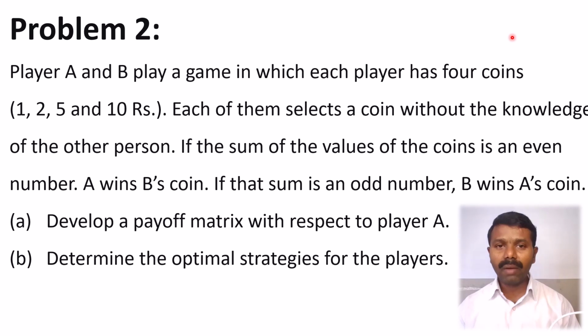So we need to develop the payoff matrix, and also determine the optimal strategy for players A and B. Before that, I just wanted to show one small video where two people are playing. You watch this video, I will be explaining. This problem we will understand better by seeing the video here.